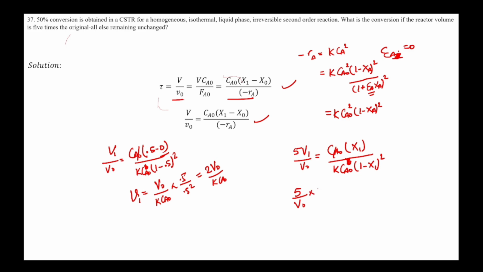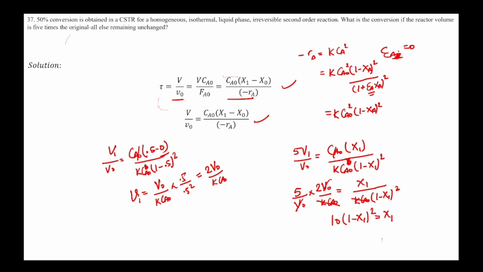V1 is 2V naught upon K Ca naught, so K Ca naught V naught terms become 10, and 10 times 1 minus X1 square is equal to X1.